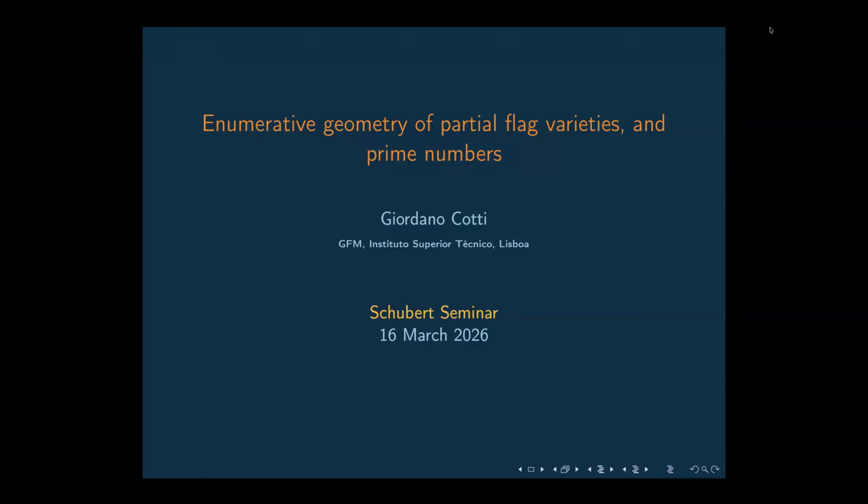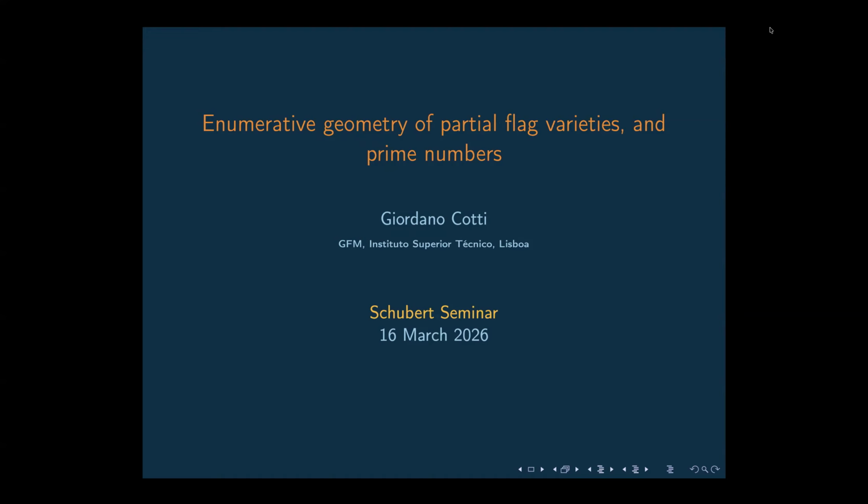And what I plan to do in the next hour is to discuss some connection I recently studied between enumerative geometry of partial flag varieties. More precisely, as you will see, I will focus on Gromov-Witten theory, quantum cohomology, and prime numbers.